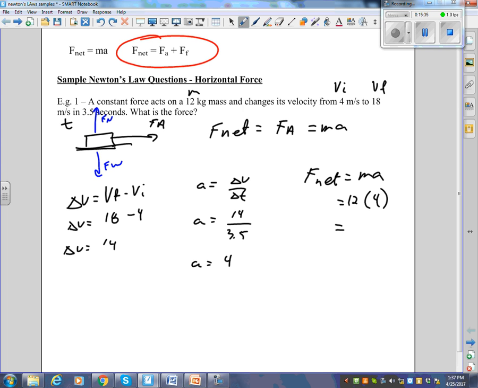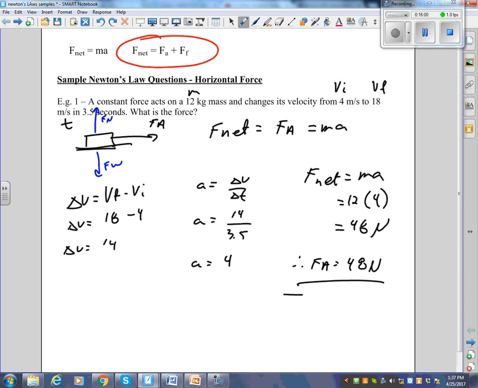Times 12, you take 10 times 4 is 40. And then you've got 2 more times 4 is 8. 40 plus 8 is 48 newtons. And because there is no friction, therefore the applied force is also 48 newtons.